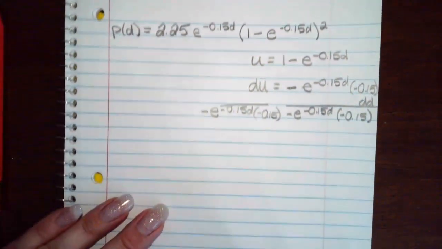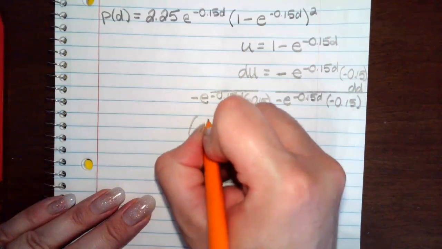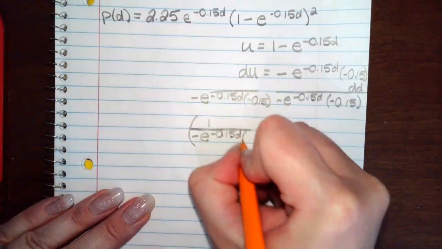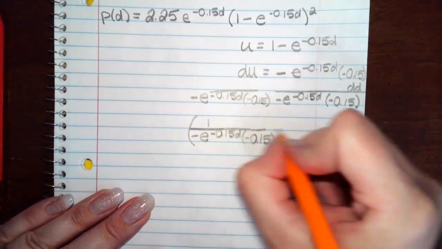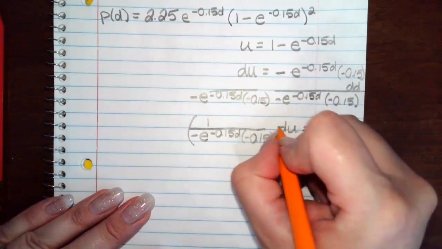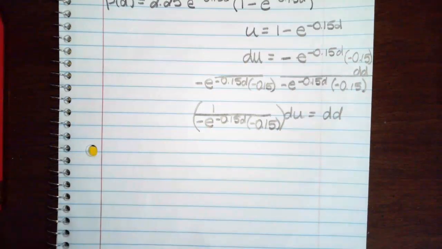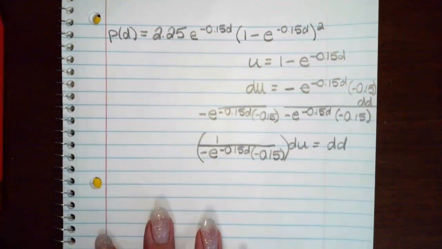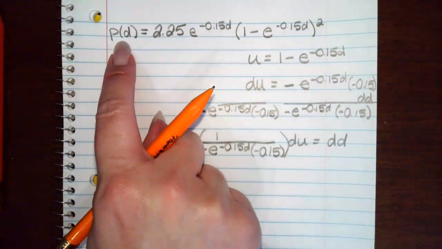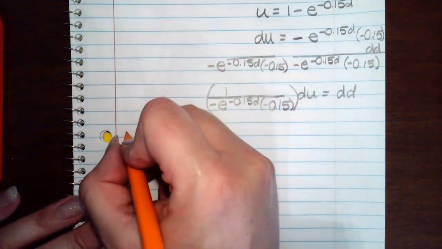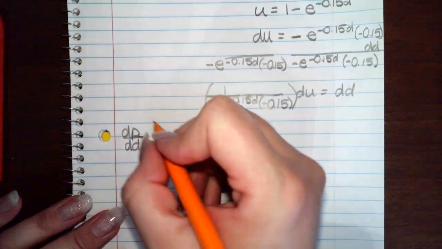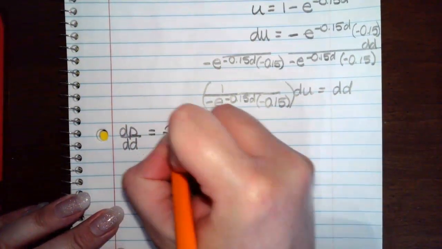Okay. So what I have now is 1 over all of that mess times du equals dd. Okay, so I'm going to rewrite this part, and it's going to be dp/dd equals 2.25.